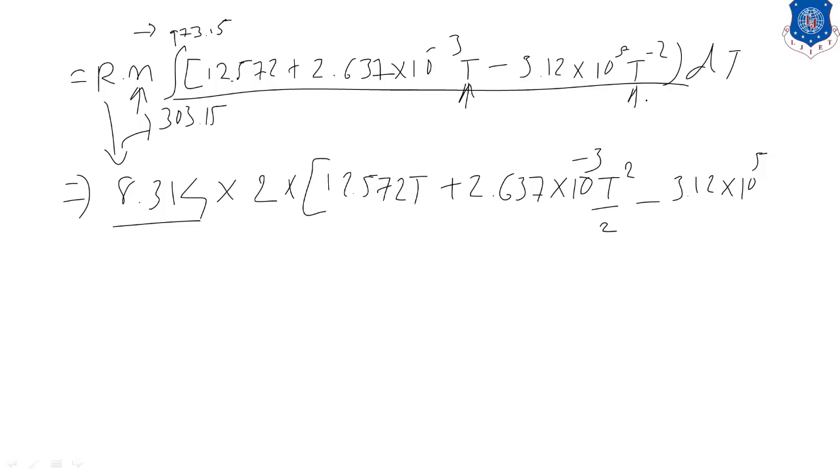Integration of T raised to minus 2 is given by T raised to minus 1 divided by minus 1. Minus minus becomes plus. So this term becomes like this, with the upper limit and lower limit being 973.15 Kelvin and 303.15 Kelvin.